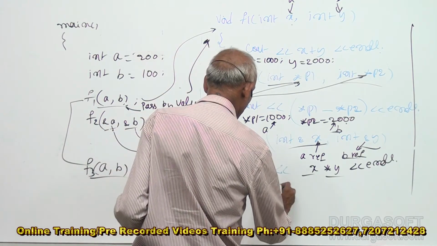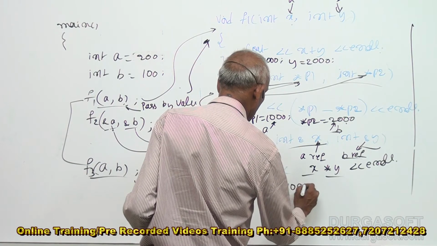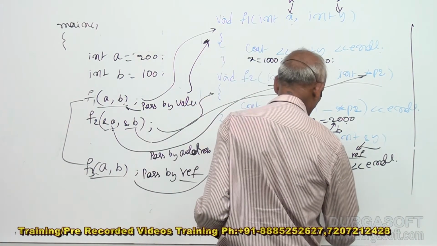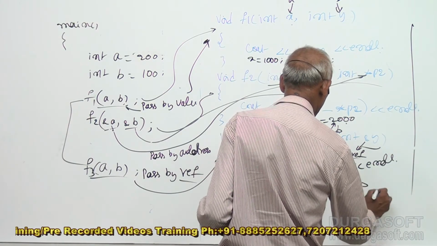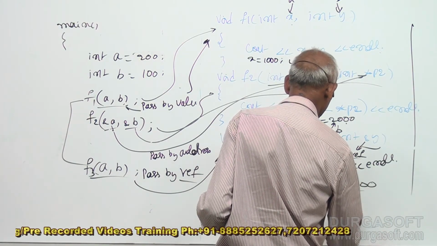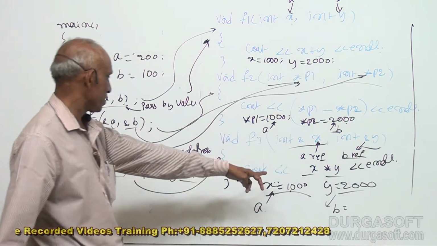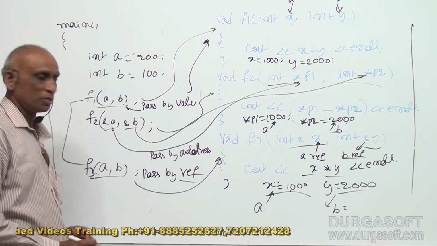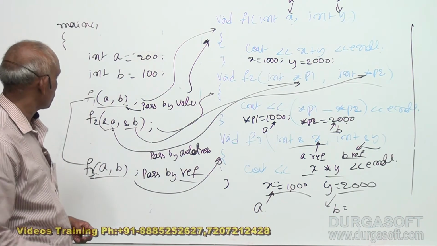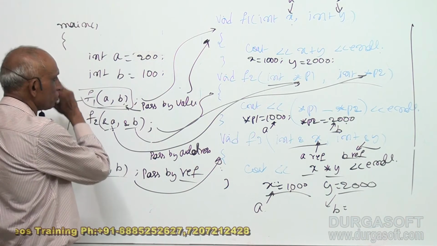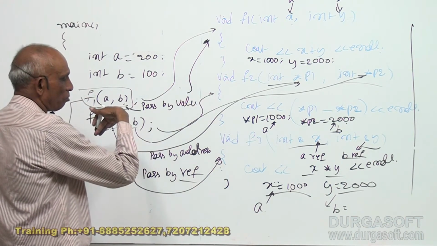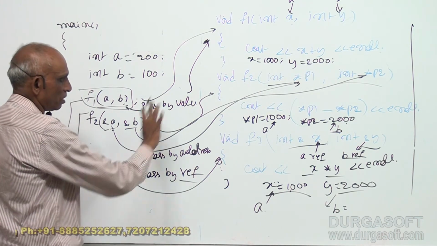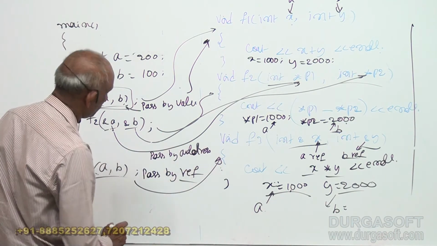If you say x is equal to 1000, then a is changed to 1000. If you say y is equal to 2000, then b is changed to 2000. This is what is called pass by reference. In pass by value you can only read, you cannot modify, whereas in pass by address and pass by reference you can read as well as write.